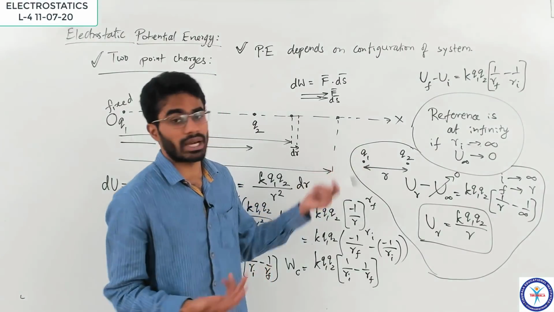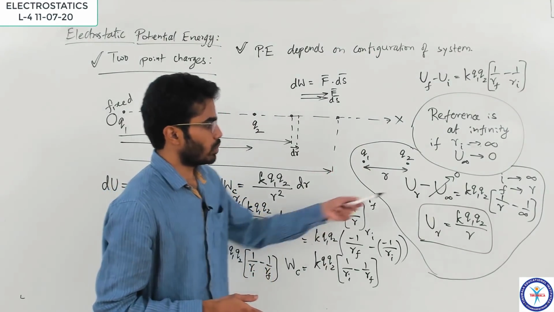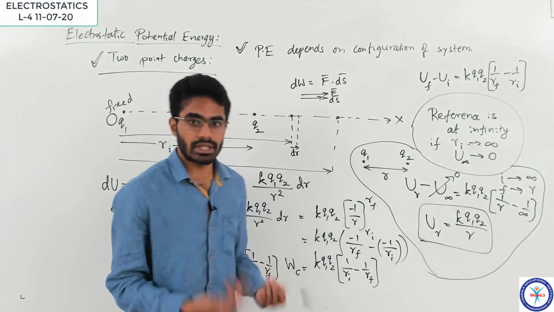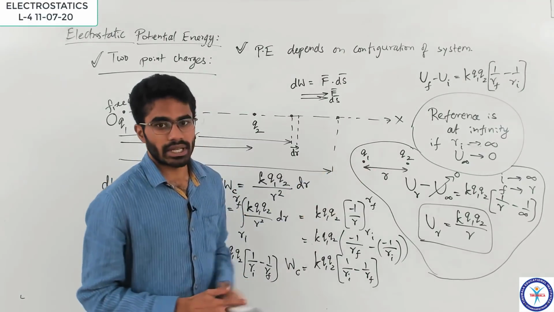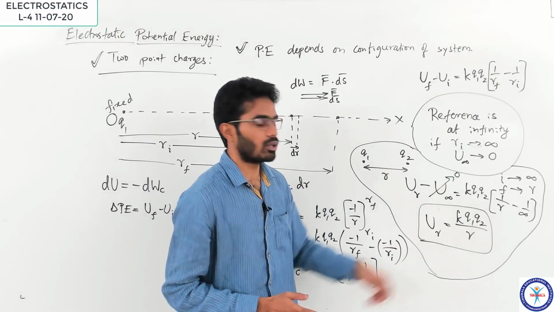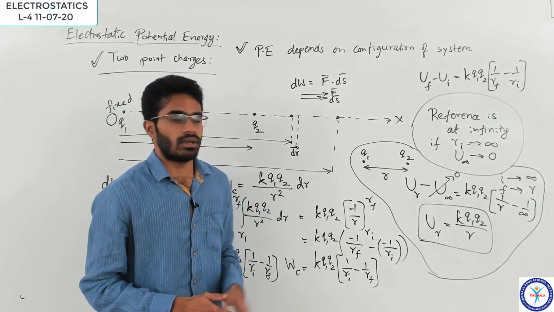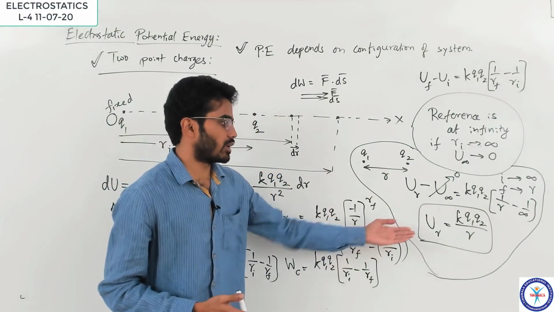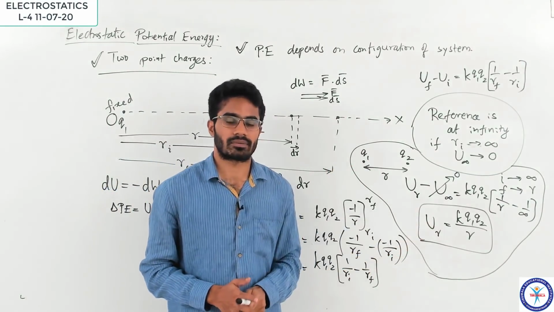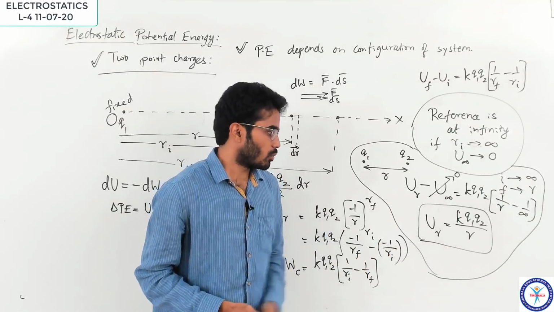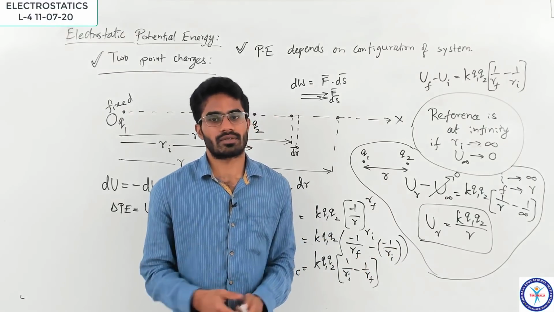So in this equation we will substitute with the charge sign. If one is positive, the other is negative, we will have a negative value for the potential energy. If both are positive, we have a positive value for potential energy. Even if both are negative, we have a positive value for potential energy. So this is one important result. We'll discuss further in the next class.